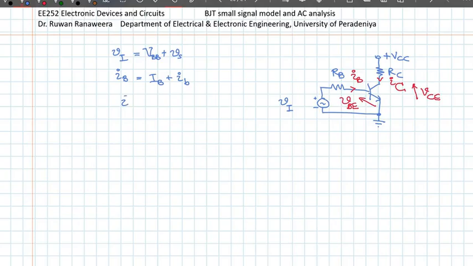And IC, which is the bias collector current, plus the AC signal current.